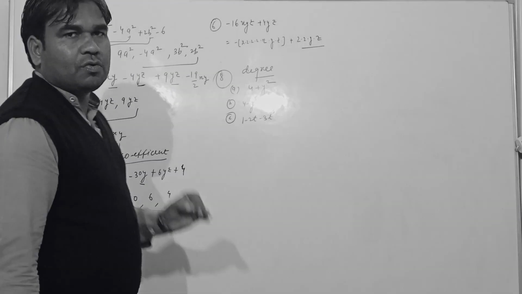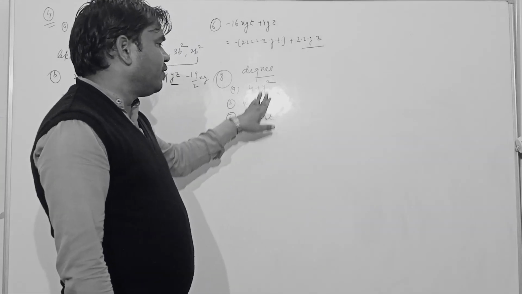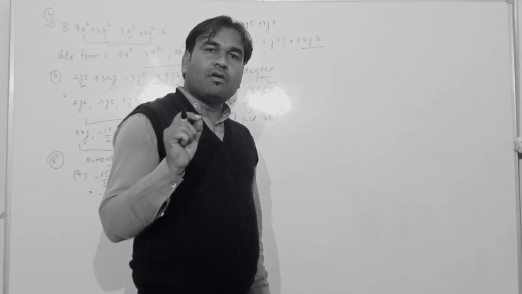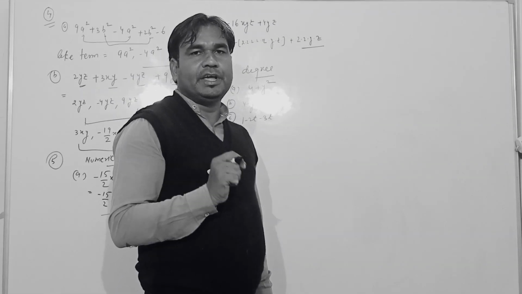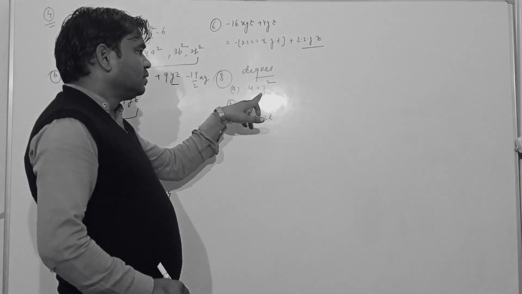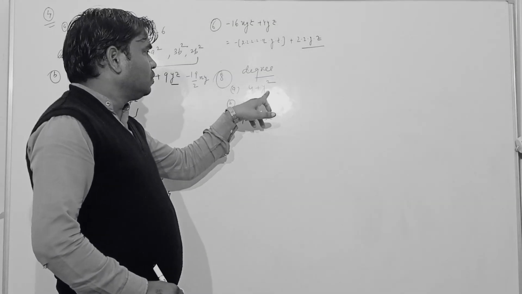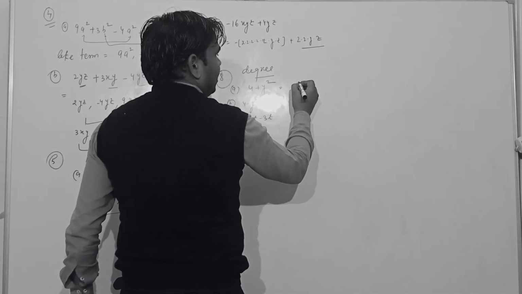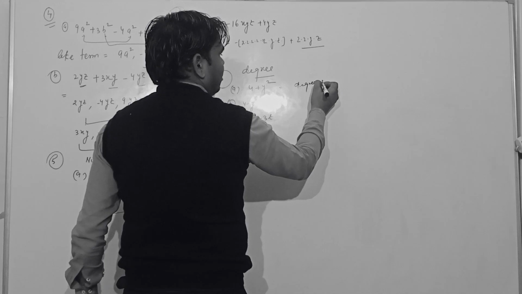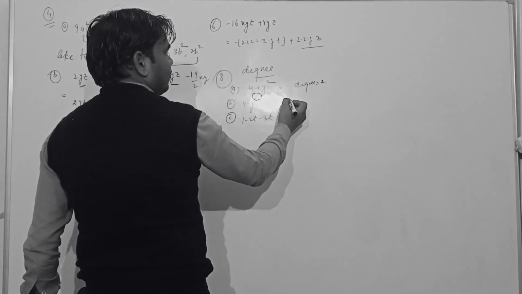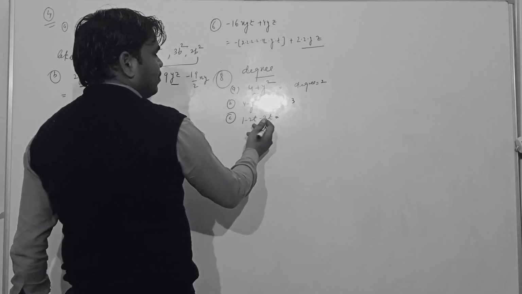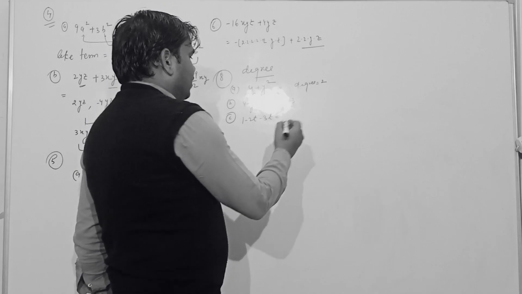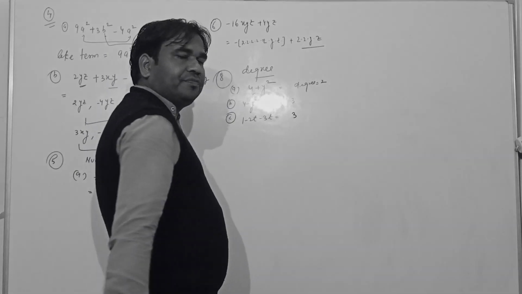So here we have to write the degree of the following expressions. The highest power of any variable is the degree. In part A the variable is given as y, so the highest power is 2, and the degree is 2. Here it is 3, and here you see t cube, the highest power of any variable, so we write 3.